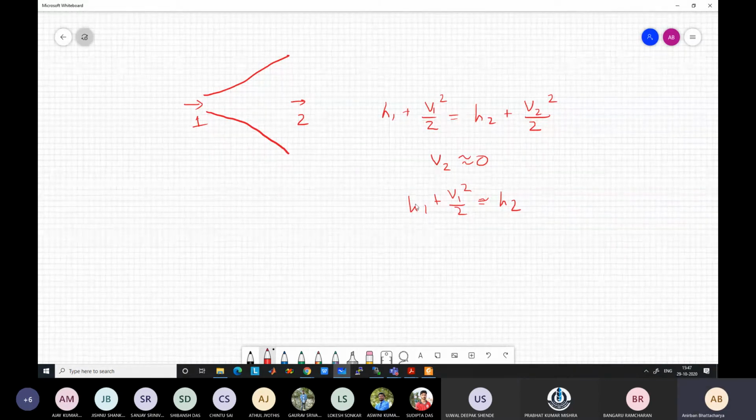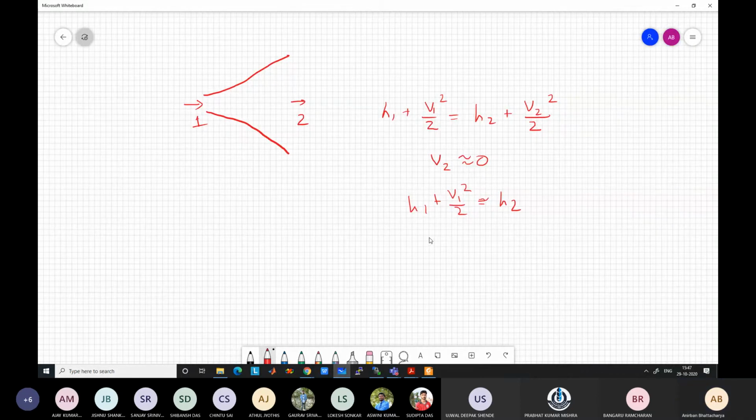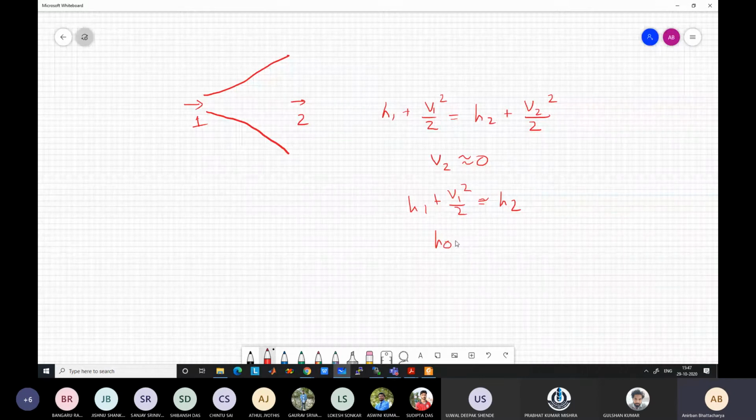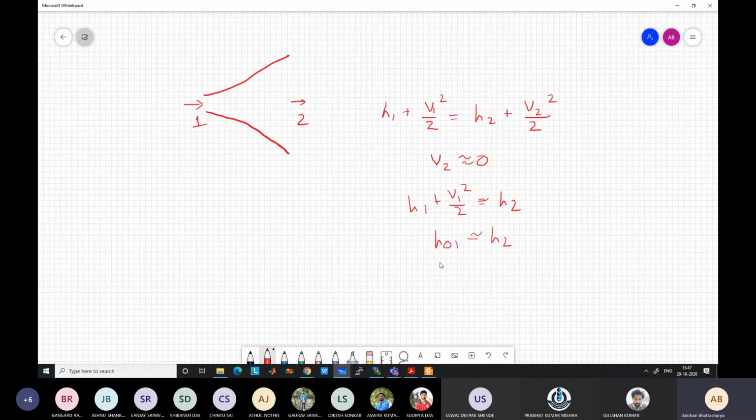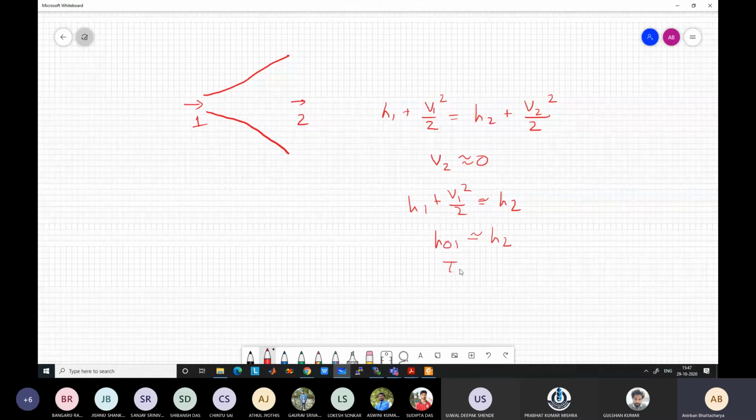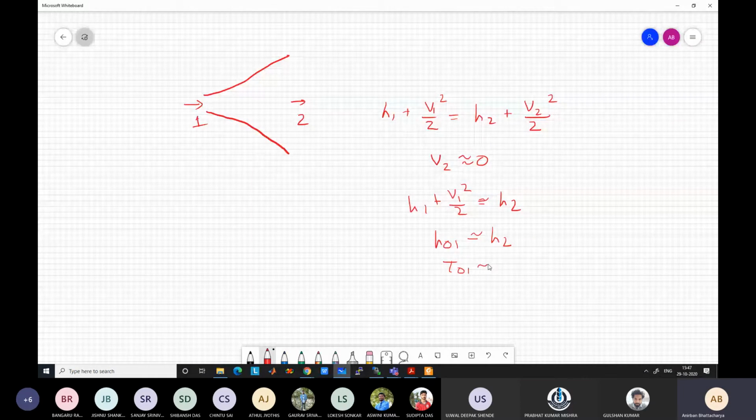What is H1 plus V1 square by 2? It is the stagnation enthalpy. H01 is almost equal to H2, also equal to H02 obviously, and T01 is almost equal to T2. In our case, T01 is T0A.